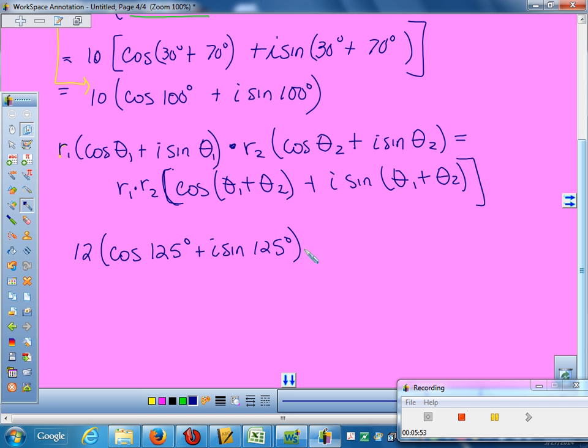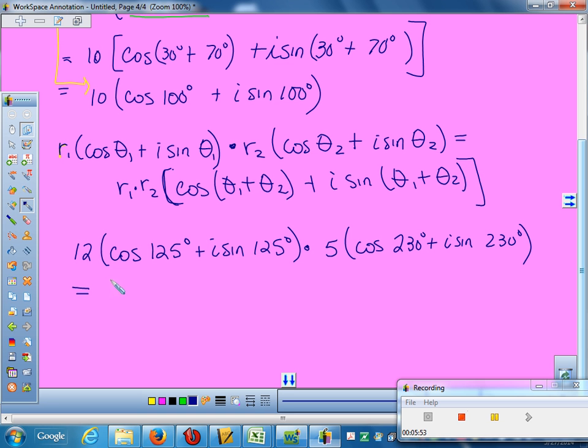Okay, so if I say take this complex number times this complex number, if I say multiply those two together, you look at it and go, oh, no problem. My answer is going to be what? Multiply the R's.